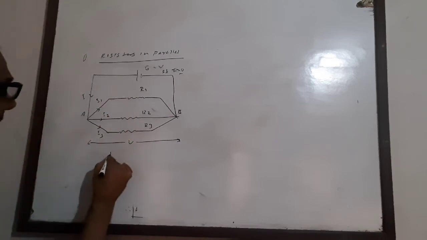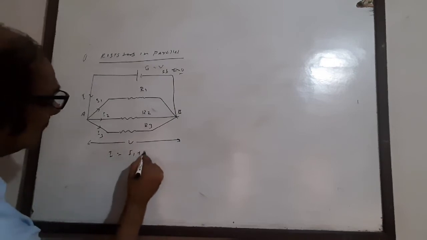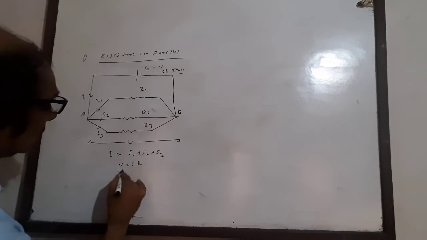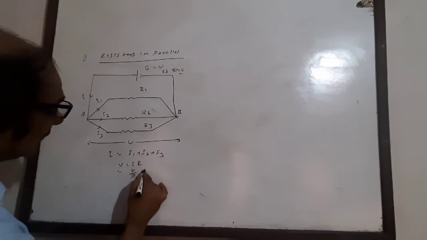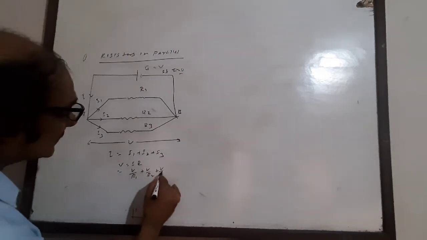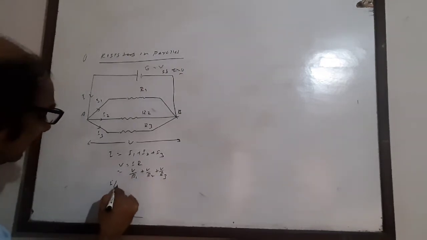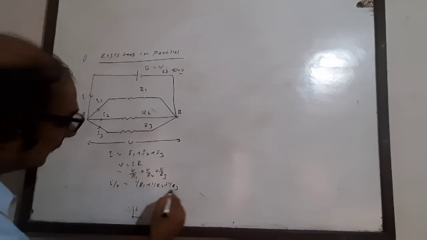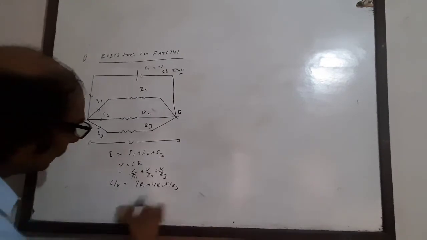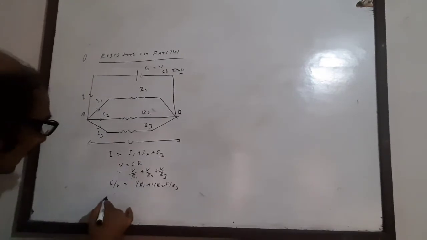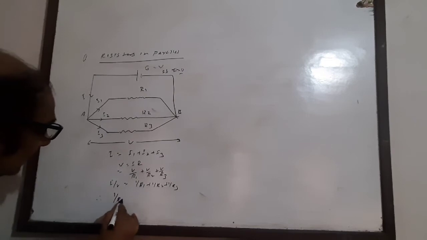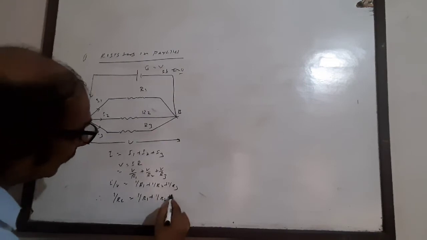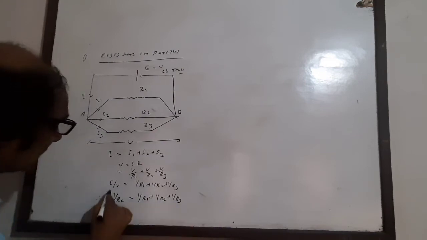So the net current I equal to I1 plus I2 plus I3, and using V is equal to IR, so V by R1 plus V by R2 plus V by R3, I by V equal to 1 by R1, 1 by R2, 1 by R3. So the reciprocal of equivalent resistance, total resistance, is equal to the sum of reciprocals of the individual resistances of the resistors.